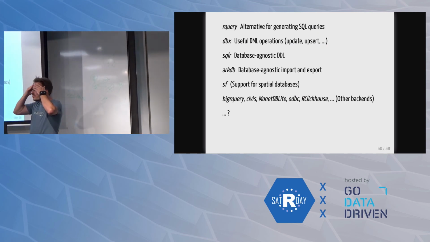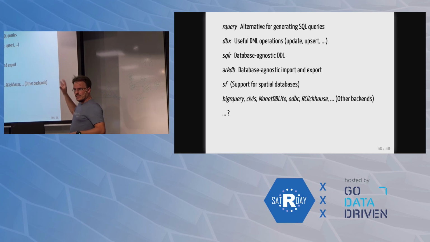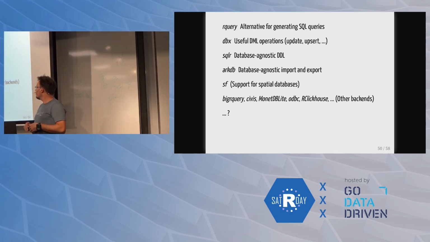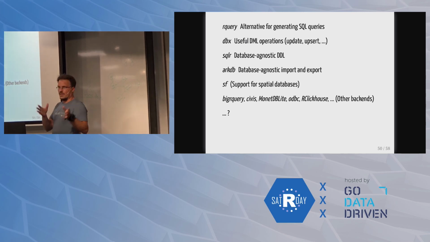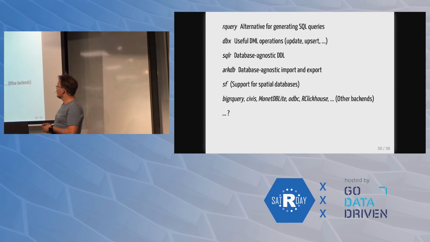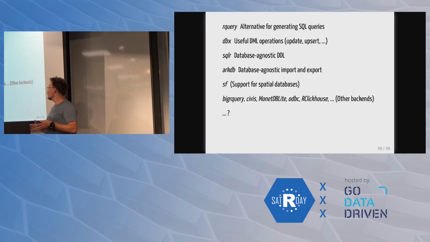So other interesting packages to look at. Rquery is an alternative grammar, not based on the dplyr grammar of data manipulation, but more like relational algebra. dbx does update operations I have not implemented in DBI.